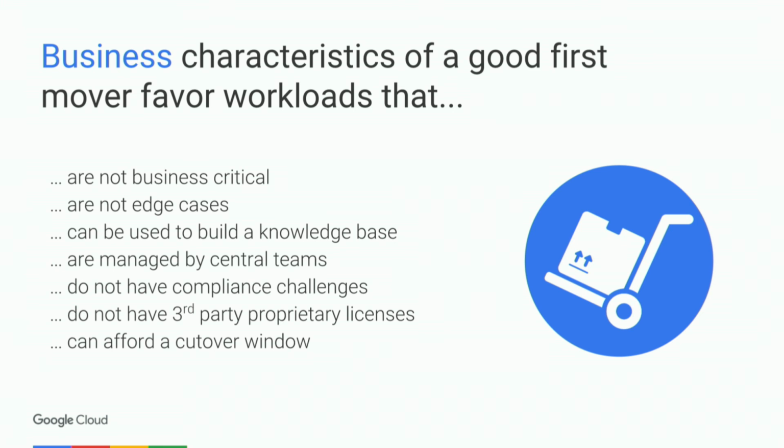It is something real, but it is not something that is going to break your business, I beg your pardon. But you still have to learn from it. You still have to have some sort of knowledge gained from it. And also, you have to be able to control it. So if it's a license that you don't control, if there's particular hardware or software that connects to it that you can't control, that's not something that's going to make a good first mover.